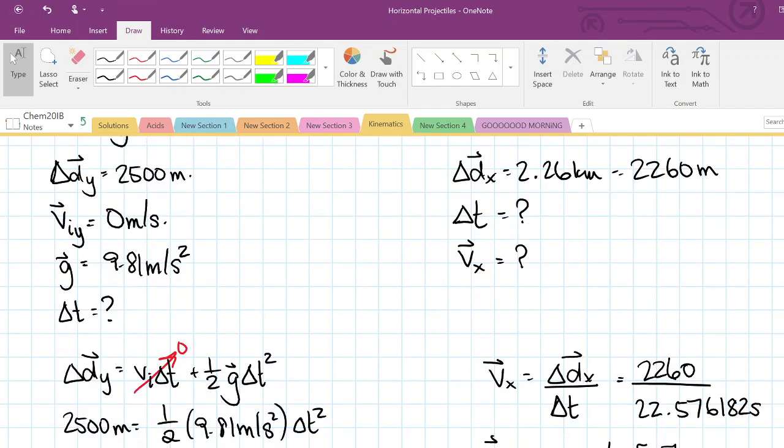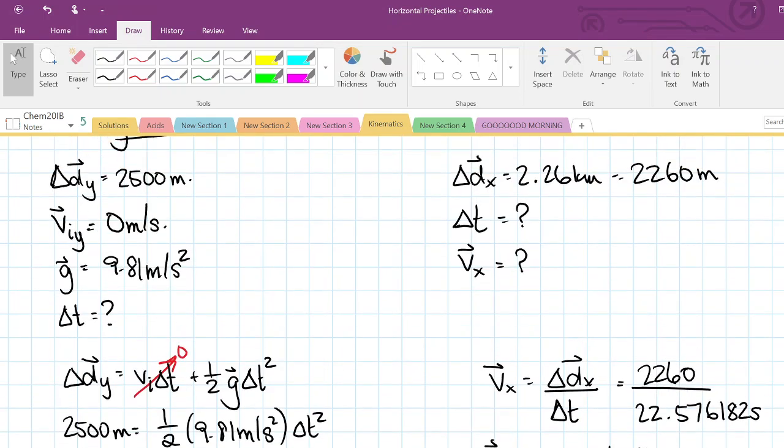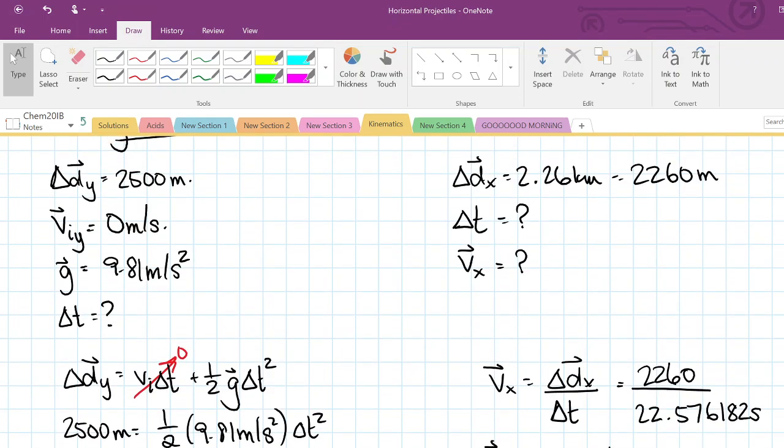So I'm using displacement y equals v initial times time plus 1/2 g t squared. My v initial is 0. I plug my numbers in, isolate for t, and I get that my time to fall for the package is 22.576182 seconds.